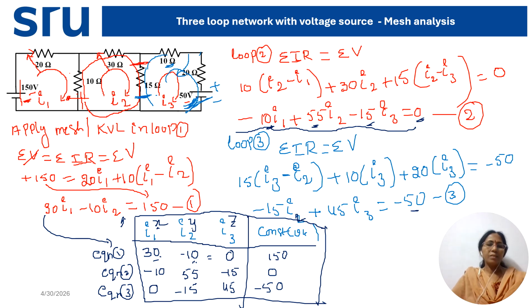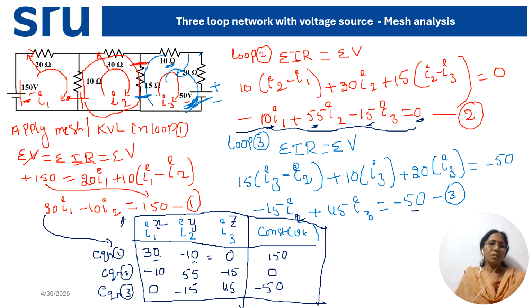Now let us enter the second row: minus 10 equals, 55 equals, minus 15 equals, 0 equals. Now it will shift to the third row. You can see this third row in your calculator. Now I am entering the third row elements.